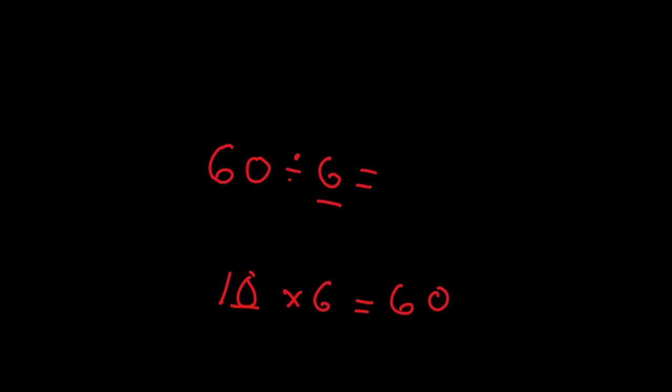Now, that might seem a little bit confusing, but there's nothing really to be confusing about. So 60 divided by 6 equals 10, and if we put it in a multiplication way, it is blank number times 6 equals 60. And we know that 10 times 6 equals 60, so our answer would be 10.